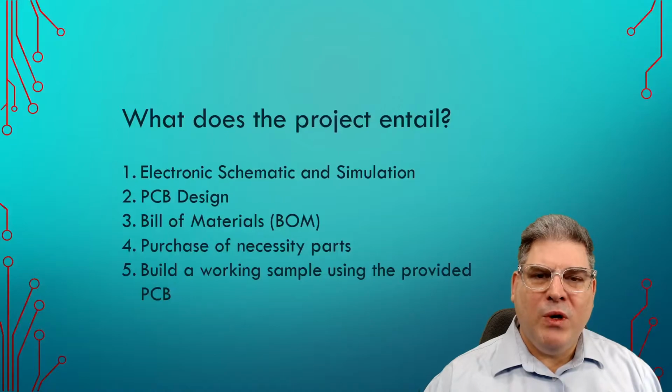So you'll notice that we didn't have a lab kit for this class. And so what I want you to do is either individually or as a group, order your parts from a reputable source. I don't recommend going to third or fourth party suppliers.